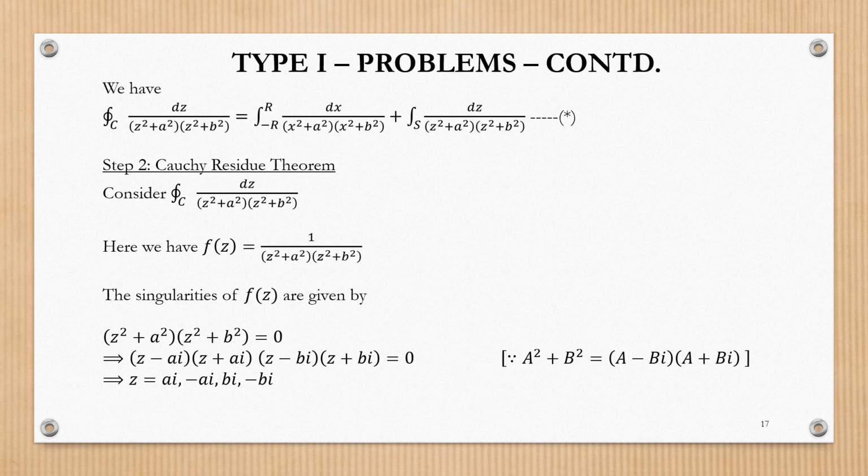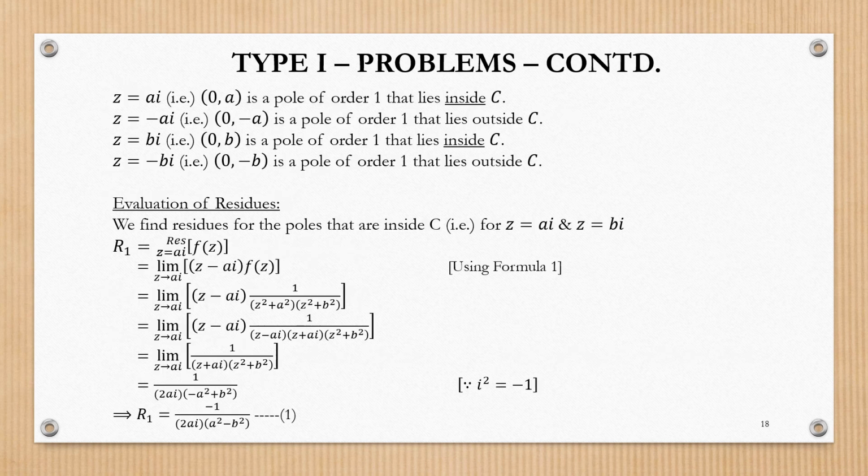Now what are we interested in? The poles that are inside the curve and the poles that are outside the curve. Of the four poles ai, minus ai, bi, minus bi, we find that ai and bi are inside the curve and minus ai and minus bi are outside the curve.